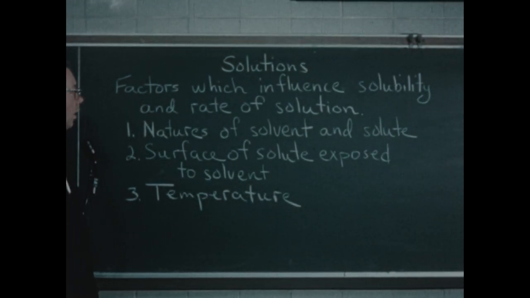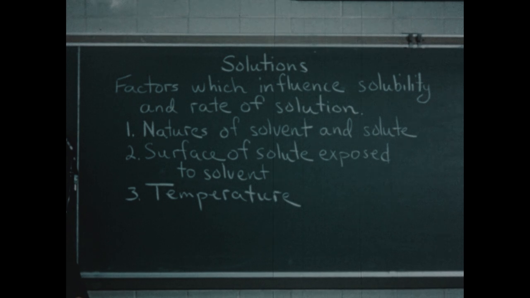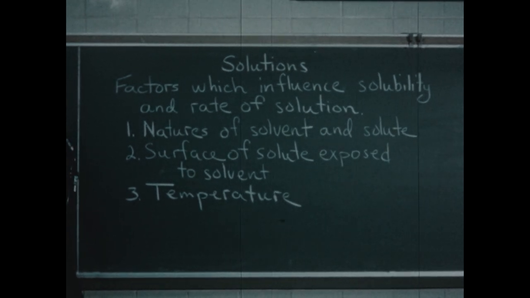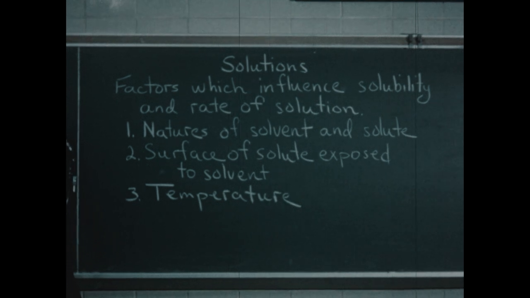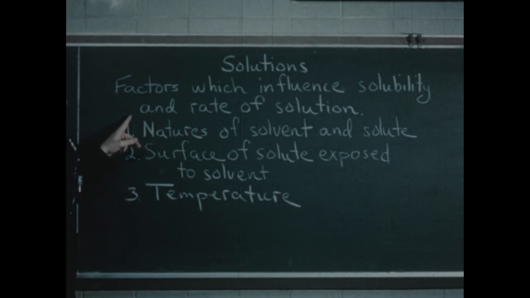Solutions are homogeneous forms of matter containing at least two components, but they differ from elements and compounds, which we've already studied, in that the proportions of the two components may be varied within rather wide limits. In this film, we're going first to study some factors which influence solubility and which also may influence the rate of solution.